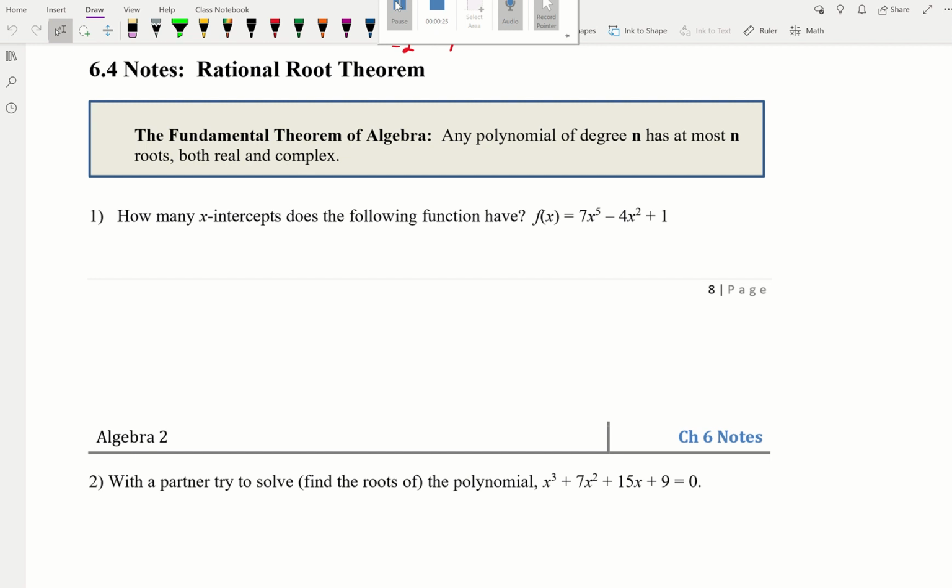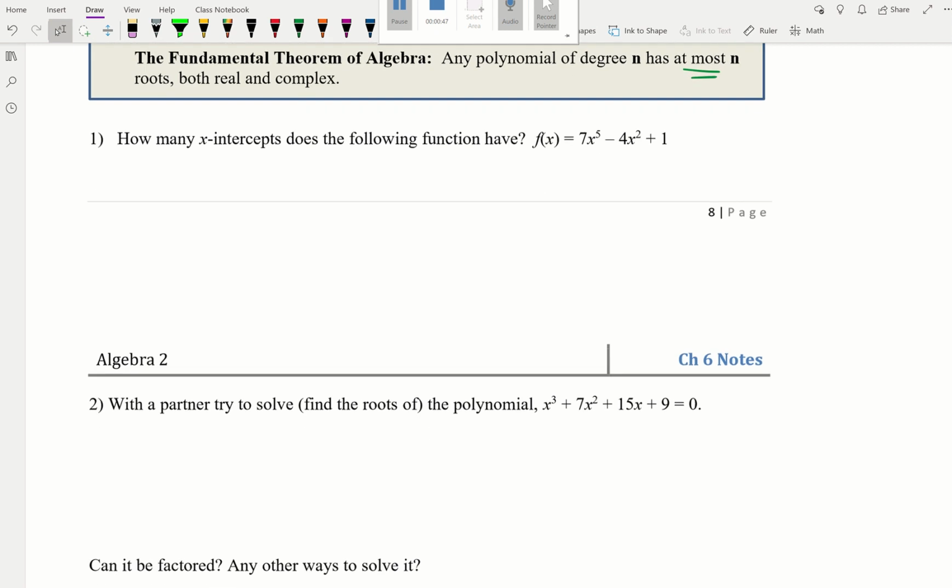We have a theorem called the fundamental theorem of algebra that states any polynomial of degree n has at most n roots, both real and complex. We've talked about that relationship before, where the number of solutions relates to the degree of the polynomial. In example 1, where it asks how many x-intercepts the following function has, we can look at the degree, which in this case is 5, but it doesn't tell us that there are 5 x-intercepts.